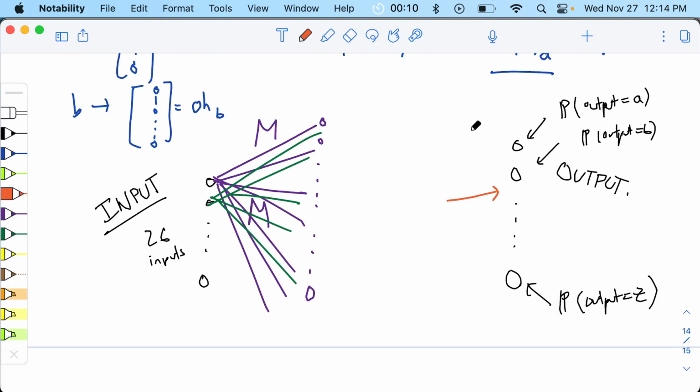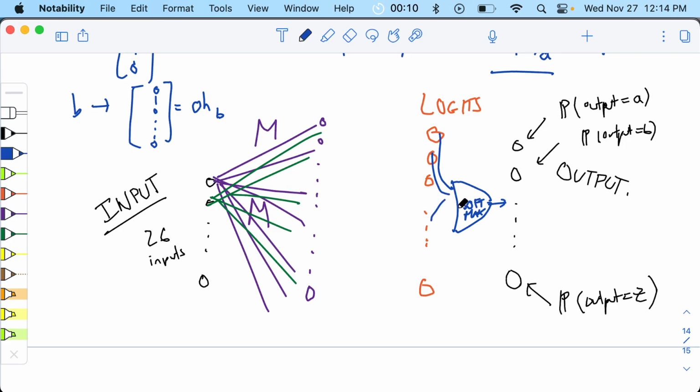So these things really come from a layer, which is the logits, which looks like this. And to get from the logits to the probabilities, you do the softmax function.